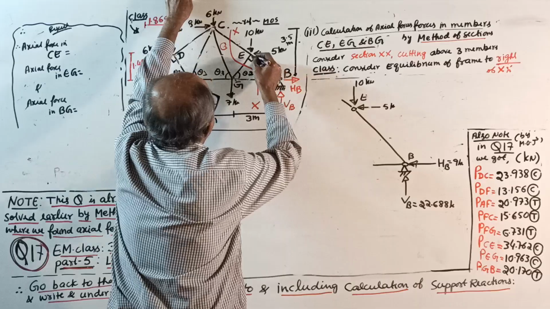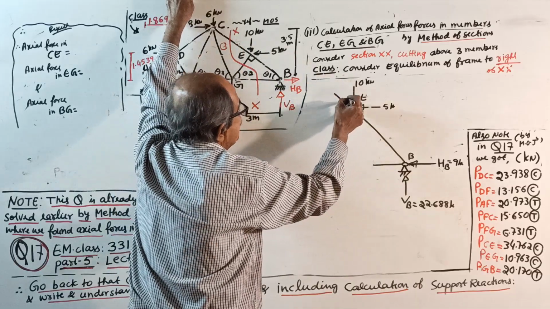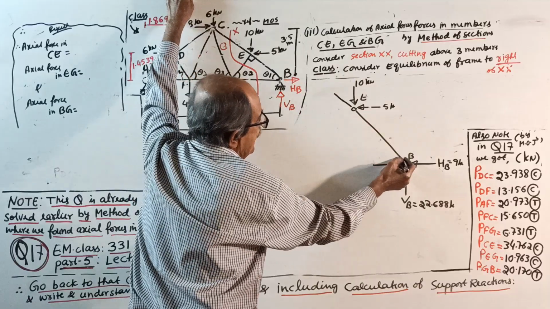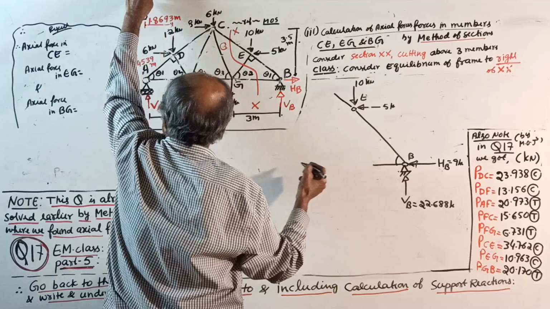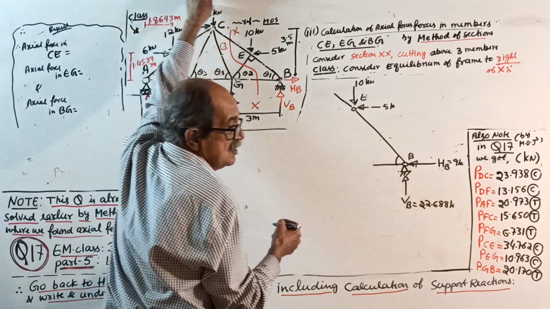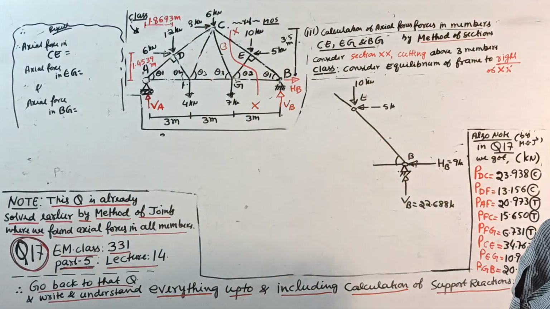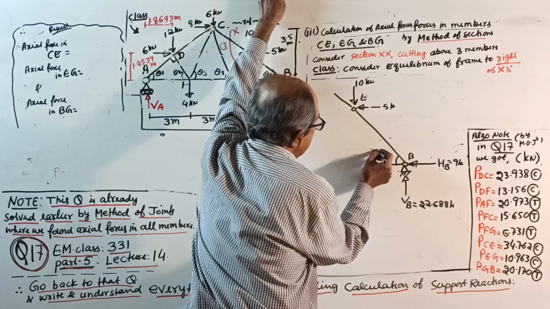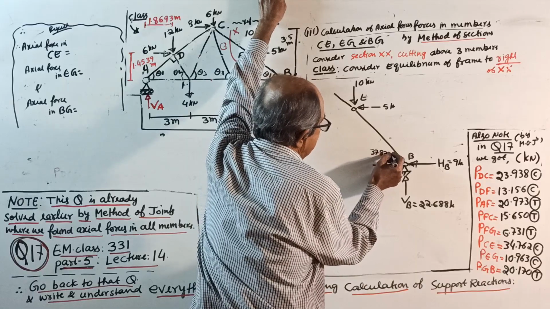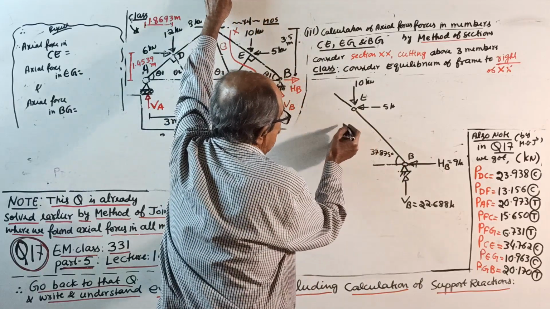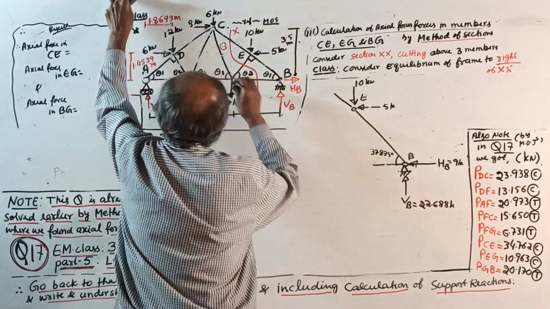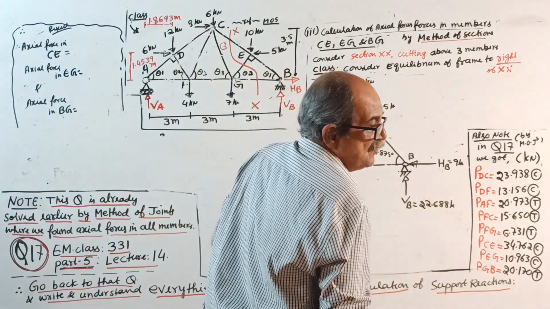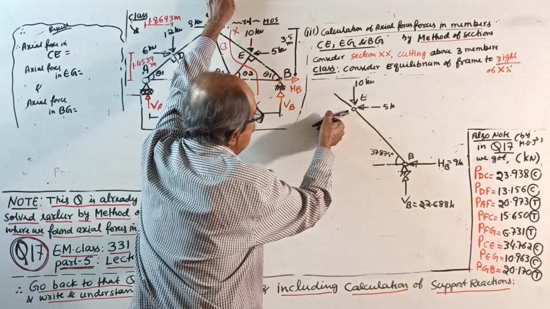Then take a little more length and cut. See, this point we got. Then one member comes; this angle θ1 is 37.875 degrees. Then this angle is θ2, for this member, 52.125.